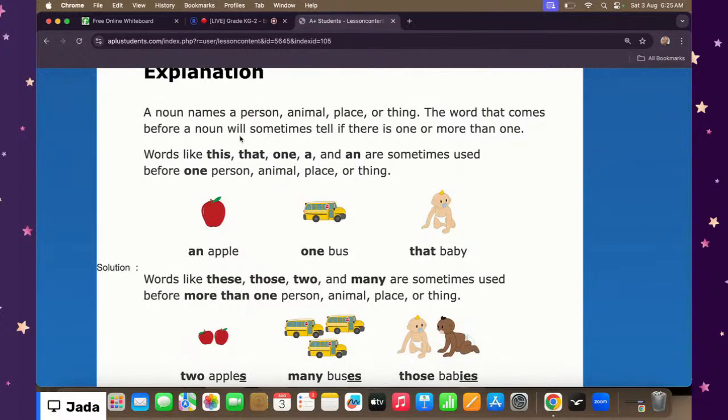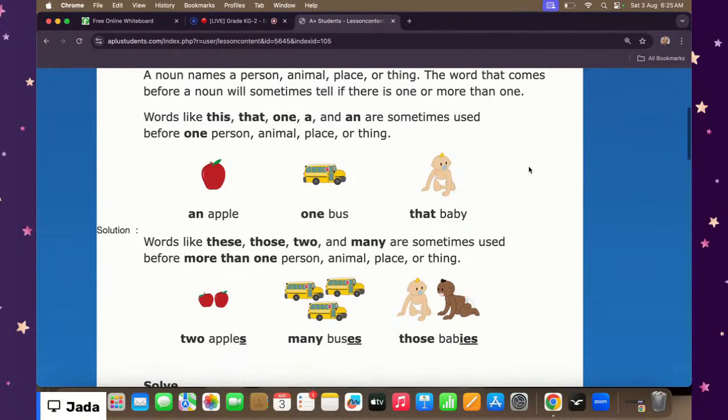A noun names a person, animal, place, or thing. We know that. The word that comes before a noun will sometimes tell if there is one or more than one. So you have to take note. Words like this, that, one, a, and an are sometimes used before one person, animal, place, or thing.